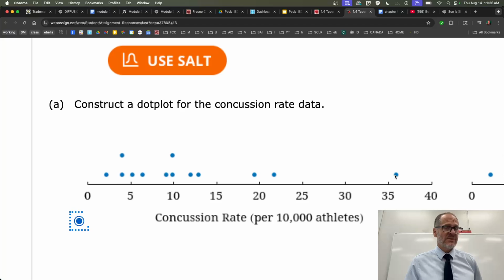The most concussion rate. And I'm probably going to keep them out of these two sports. And these are the best, right? But you could start to see like, wow, this is a real outlier. It's a data point that lies away from most of the other data. All right, so that's a real outlier. So that's how a dot plot is used.